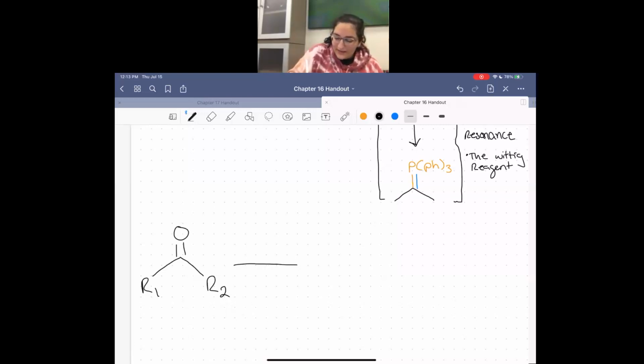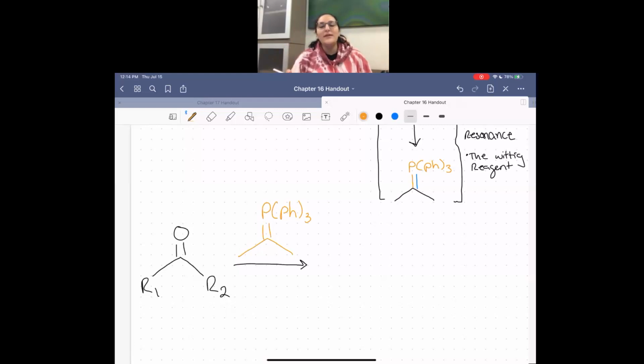And we react with our ylide. So the actual Wittig reaction is between a carbonyl and the ylide. So I'm going to show you two ways to do this. First, I'm going to show you the scientific way, and then I'm going to show you the Rosemary method.